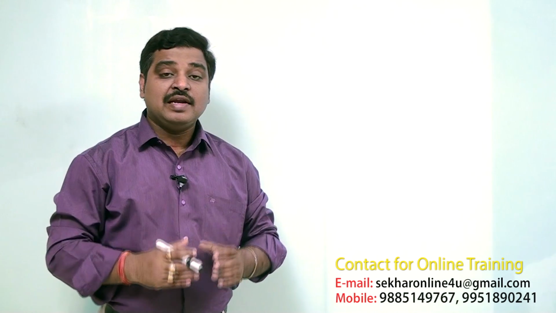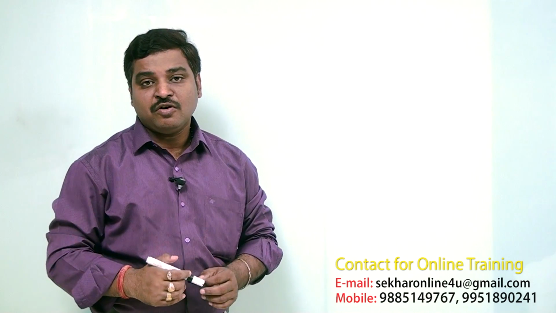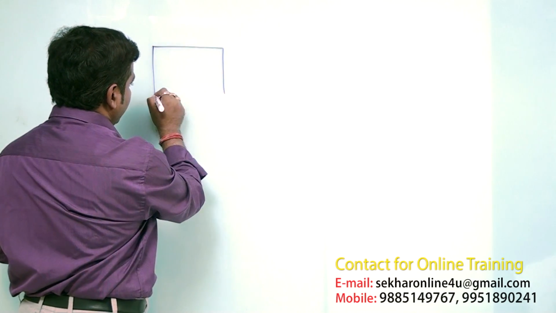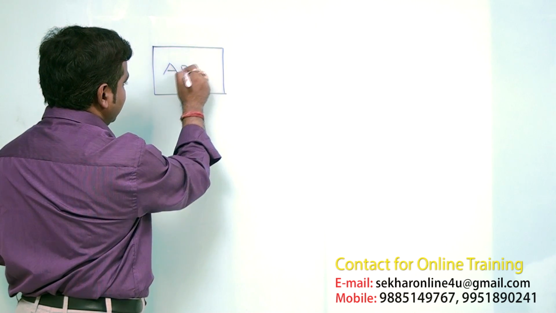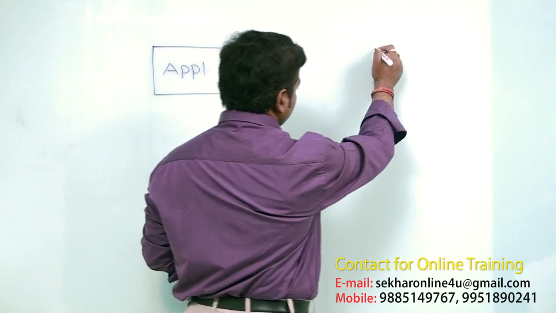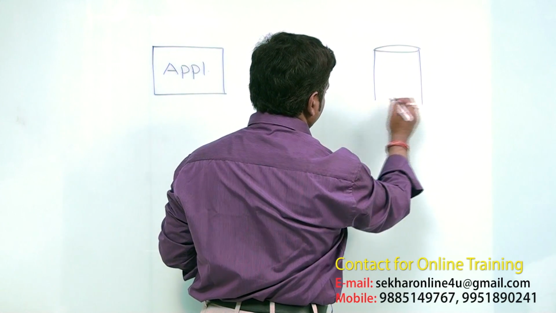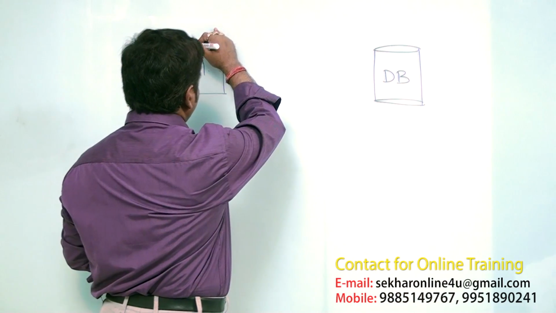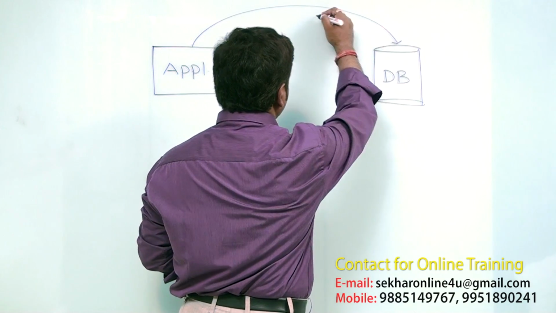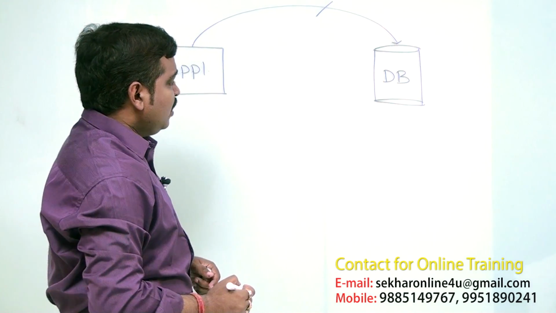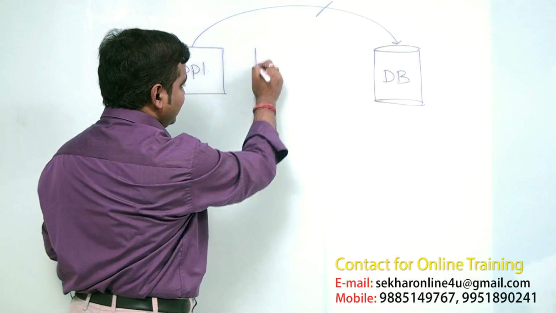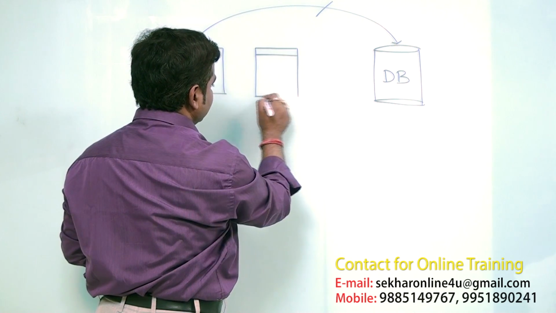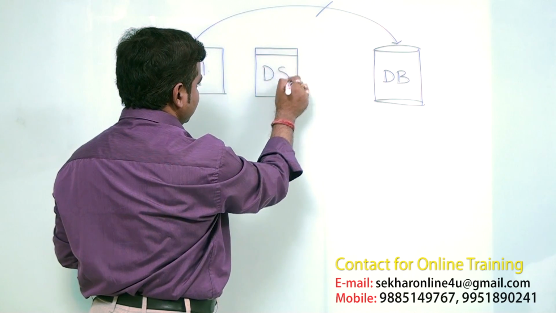Now let me clearly explain the meaning of my statements. Say that we have an application and my requirement is that this application has to interact with the database. But the problem is an application cannot interact with the database. If you recollect the architecture, my application interacts with a dataset.